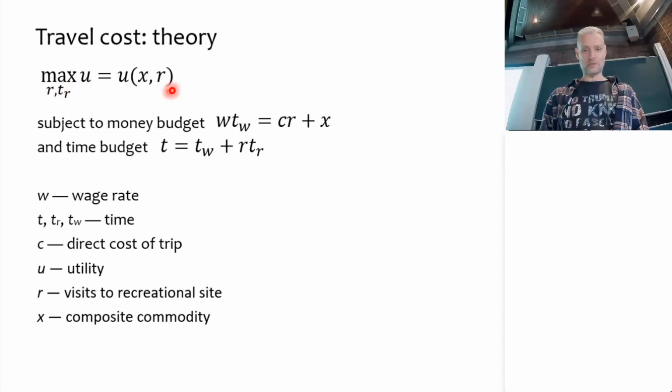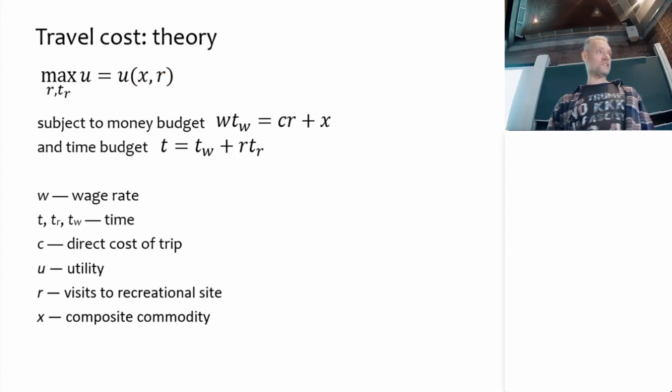It's also a choice variable for some reason. And utility depends on some composite good X, as well as your recreational activity.